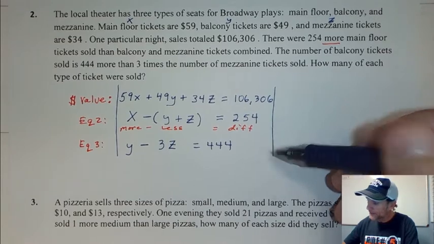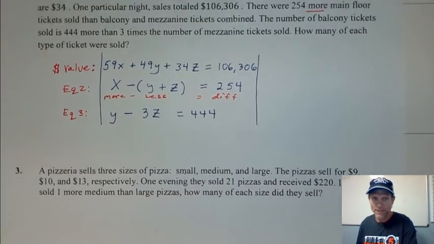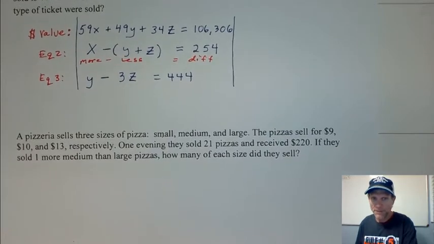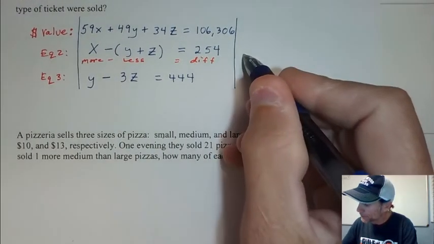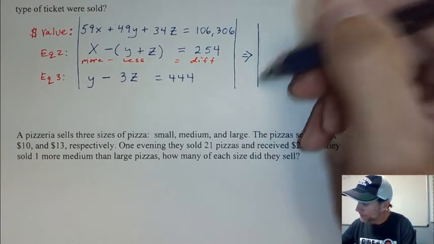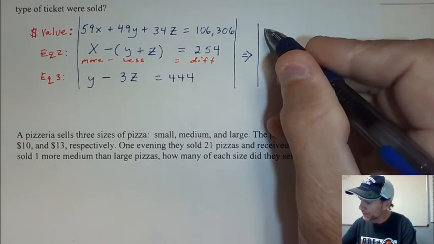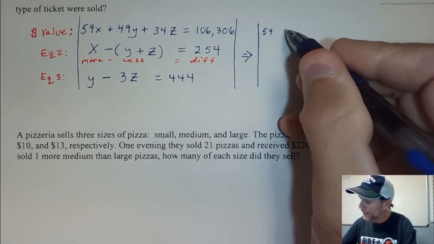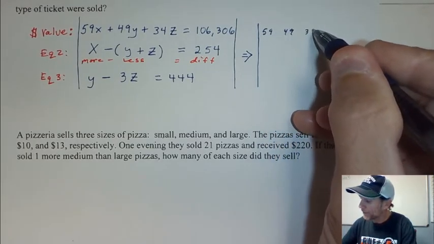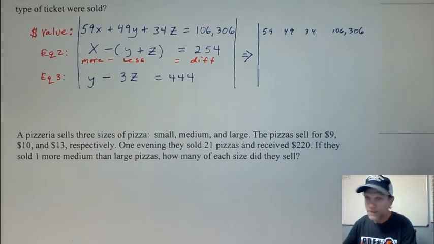Okay. Now, hopefully you can see, what I'm going to do at this point is take this to a 3x4 matrix, and then I'm just going to use ref here. So sliding this problem up a little bit here. Let's just look at the matrix that I would get because it's a little bit tricky. Some students mess up a sign here. So the first row, most students get right: 59, 49, 34, 106,306.